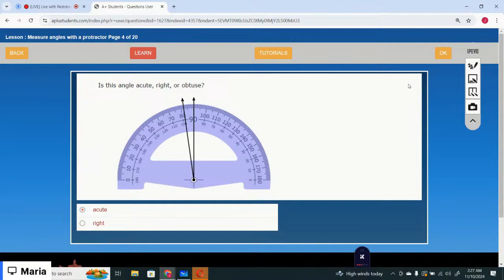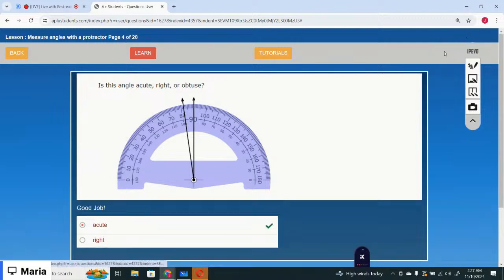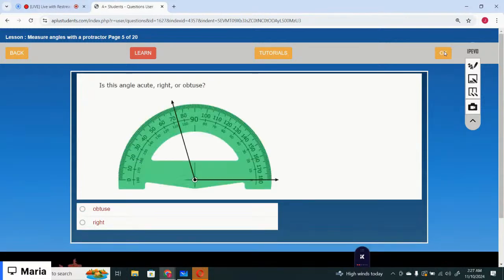Less than 90 degrees, so acute angle it is.